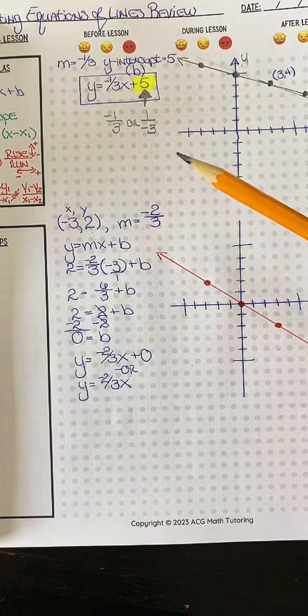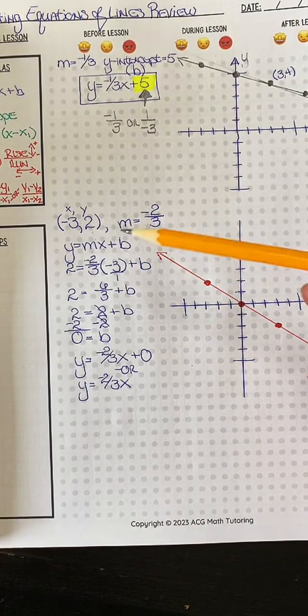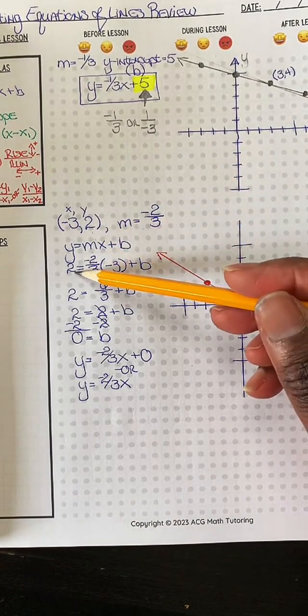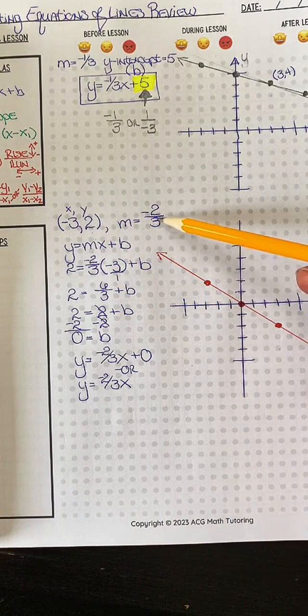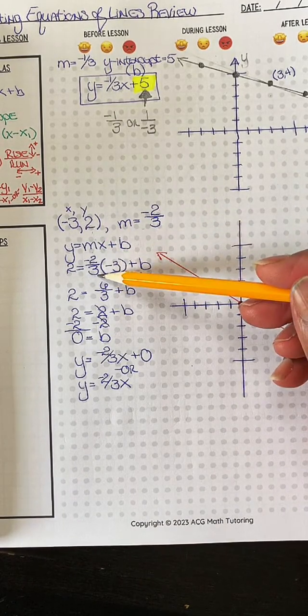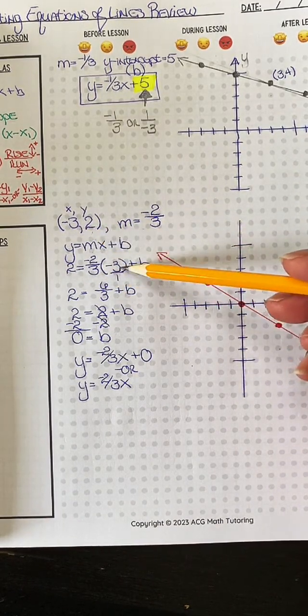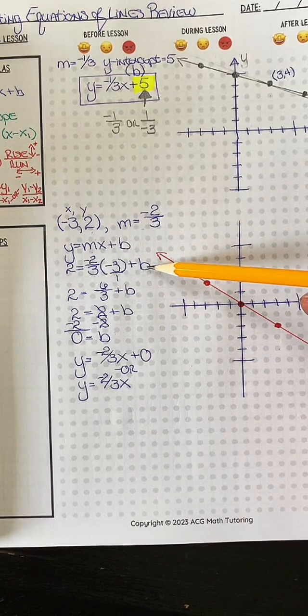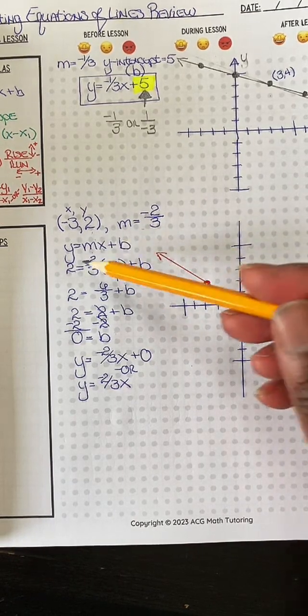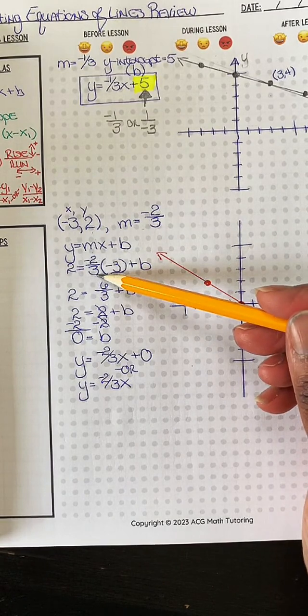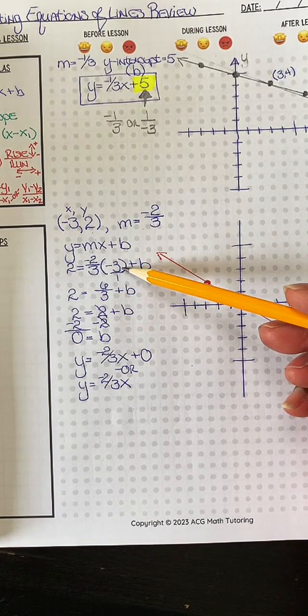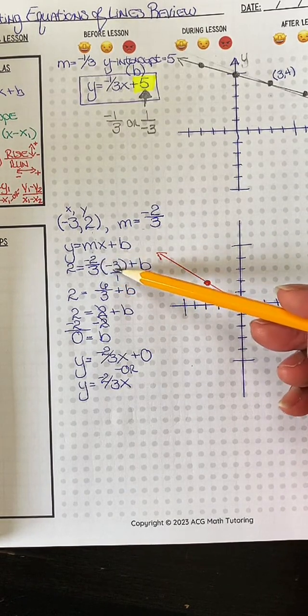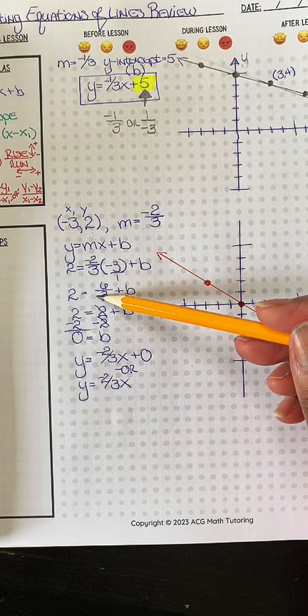So if we take a look, our 2 was our y, the m was negative 2/3, our x was negative 3, and we're trying to find the b. So negative 2/3 times negative 3. Negative times negative gives me a positive.